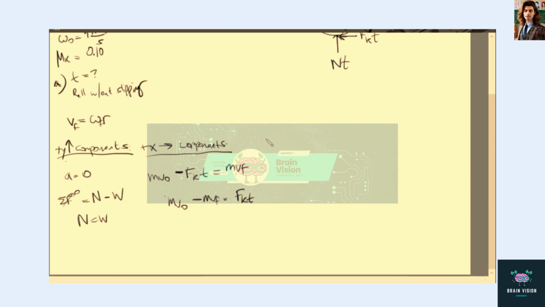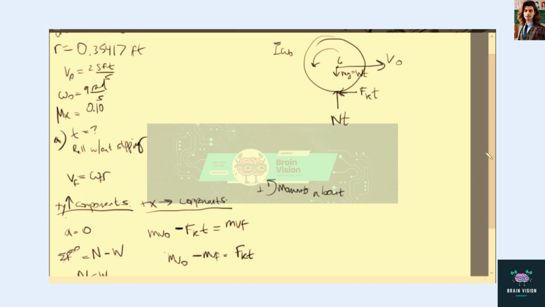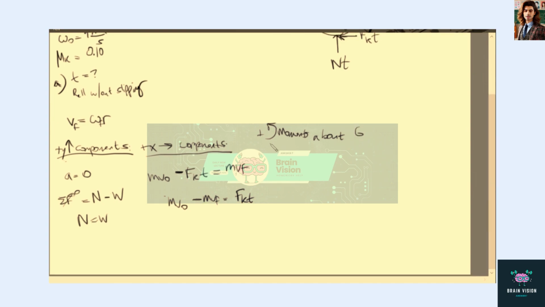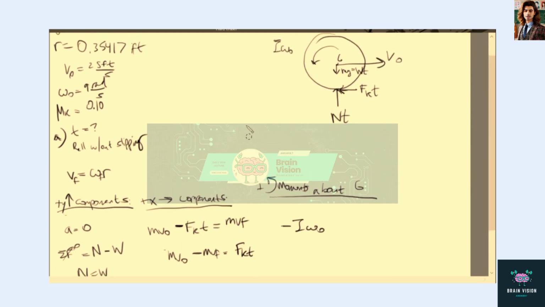Now let's analyze the moments about, let's call this point G. What you're going to notice is that we have an initial angular momentum, which is in the negative direction. We're going to call clockwise the positive direction right now.